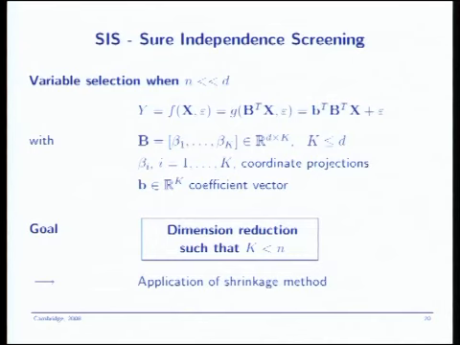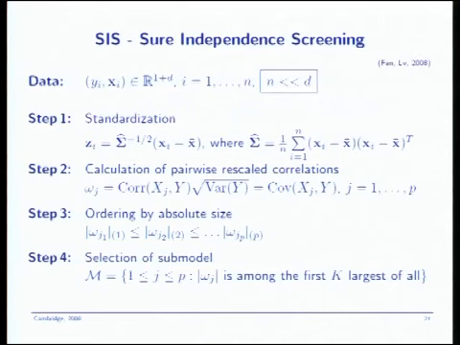And what they have been suggesting is some kind of shrinkage method, which one could really love for its simplicity. So given the data, as I said, sample size much smaller than dimension, the first step is they start by standardizing the data, as that has been necessary also before, and then they just calculate the pairwise, somehow rescaled correlations, which is nothing but the covariances.